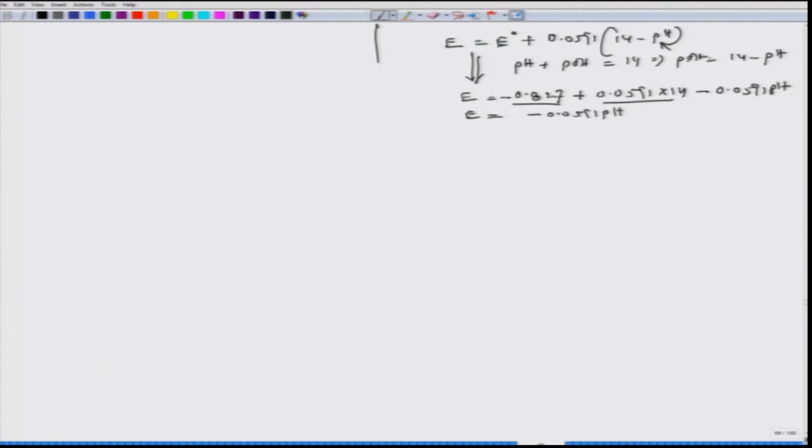So, now this acidic side, and this is the basic side where pH is greater than or equal to 7, while on the acidic and neutral side, it is less than 7. For the first reaction, we had the same equation.